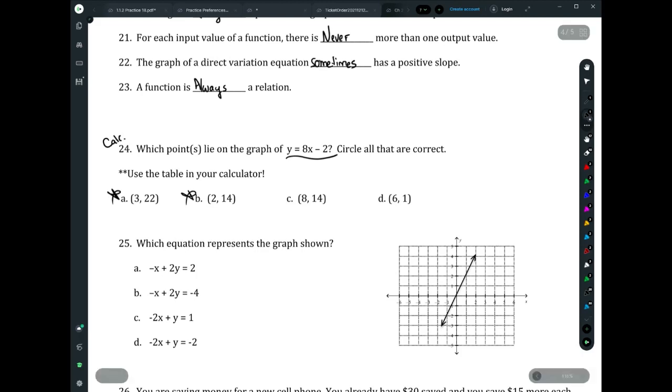And 814, let's go down to that one. No, that one is not on the graph. And 61 is not on the graph. So check both of those from the table in your calculator.